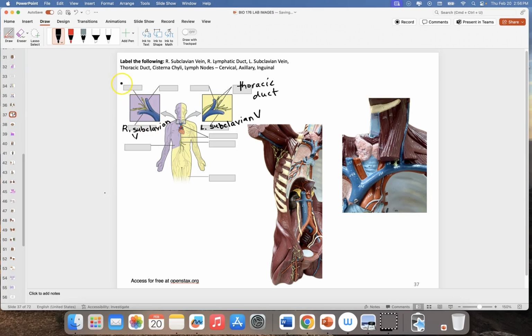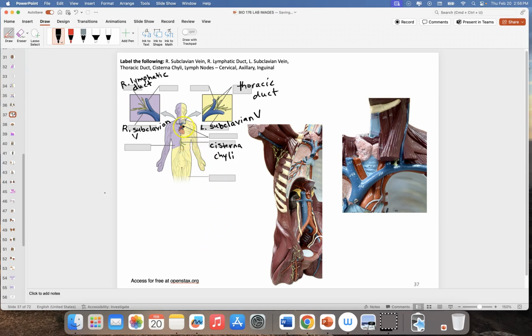And on the right side, we have the right lymphatic duct. We also have this expanded chamber here, and this is known as the cisterna chyli.